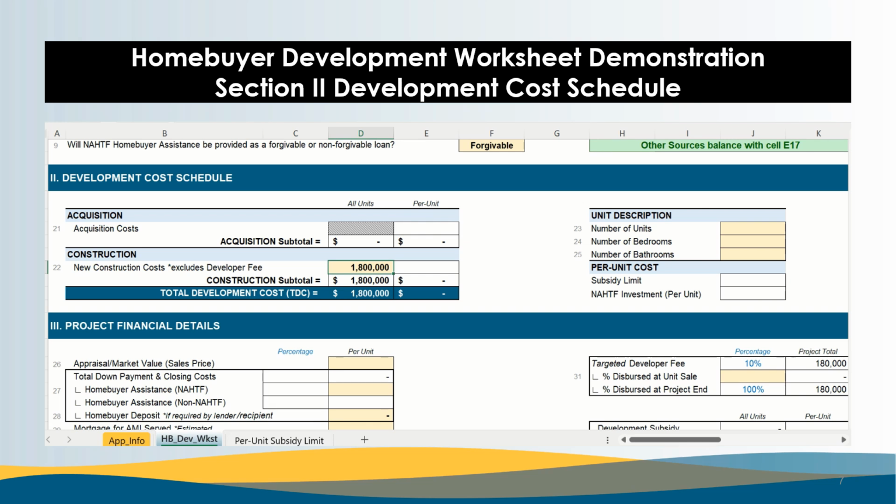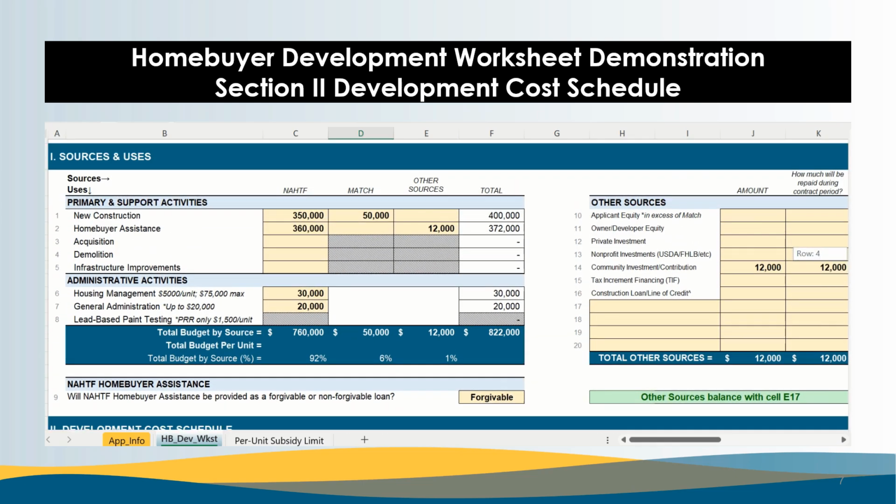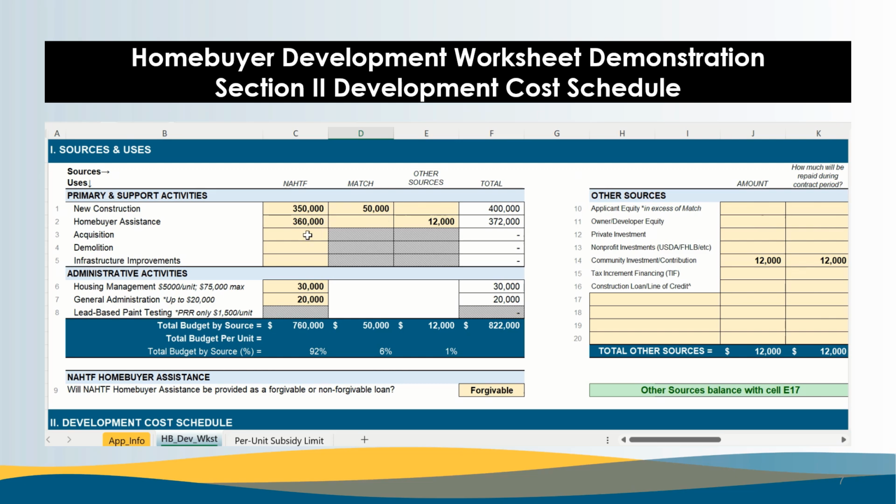Line 21, acquisition costs. You can see here that this is grayed out. The reason this is grayed out is because up above in Section 1, there is no acquisition being requested in trust fund. So only if there is trust fund being invested in the project will you need to ask for the trust fund. And I'll show an example here.